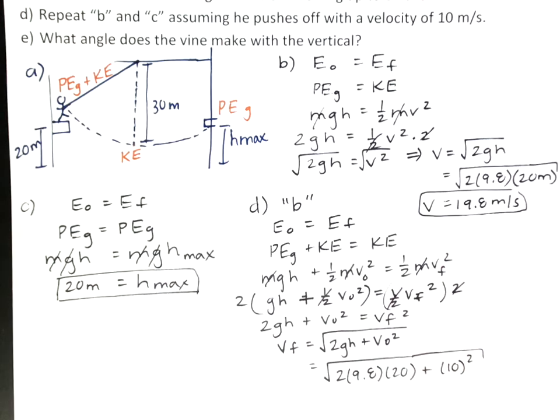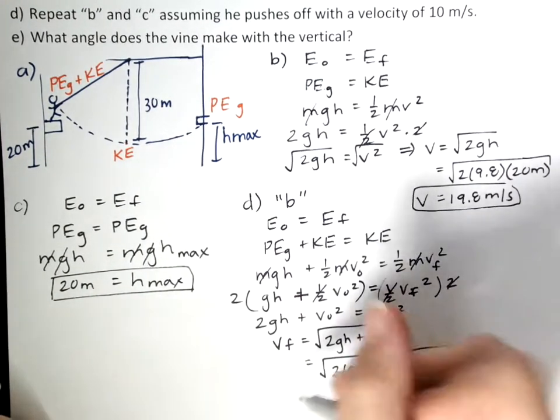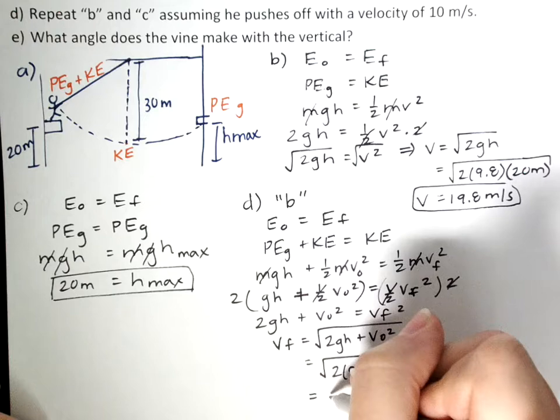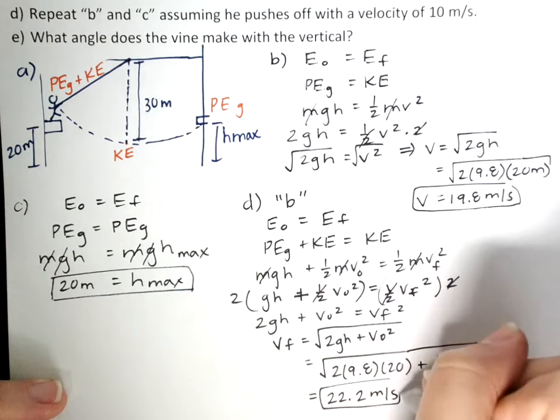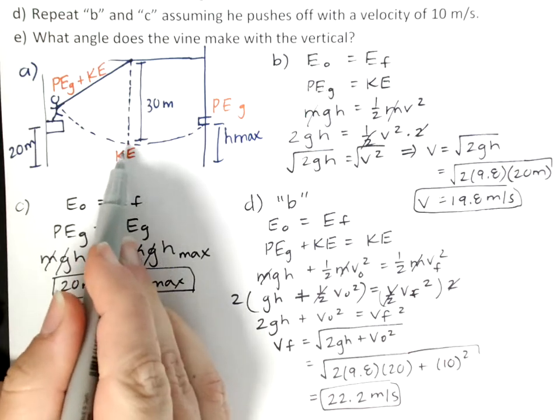When you plug all that in your calculator, you should get 22.18 meters per second. So let's round that up to 22.2 meters per second. So that is his velocity now at the bottom.